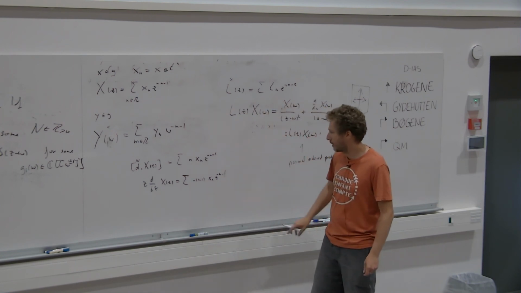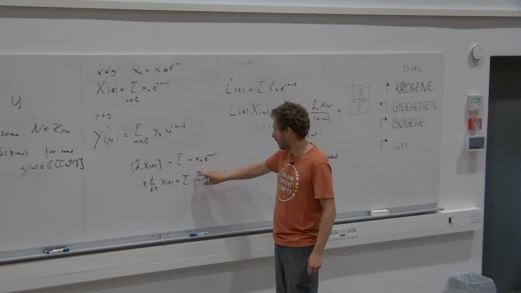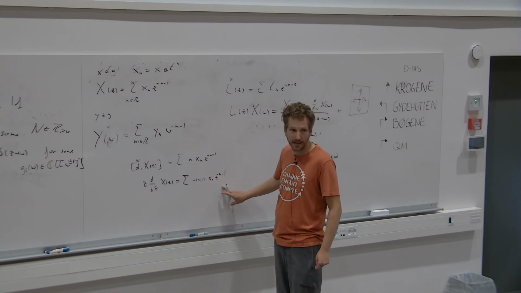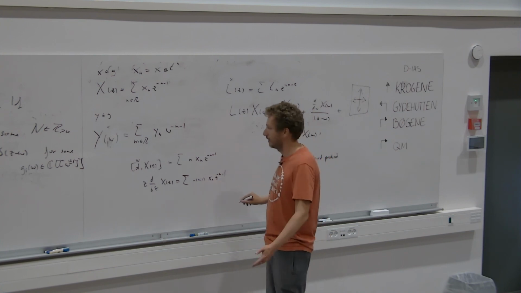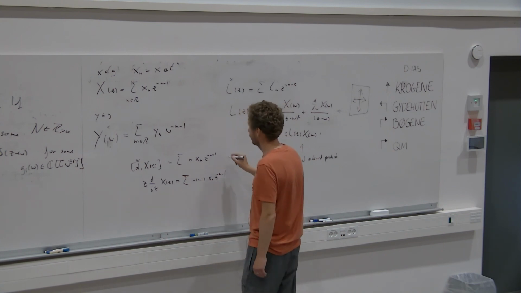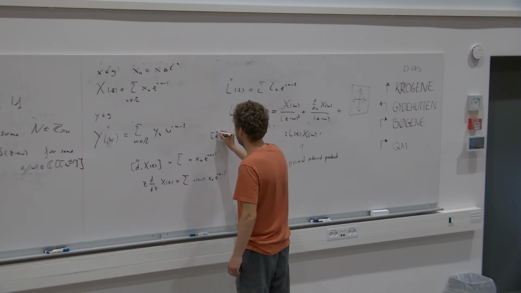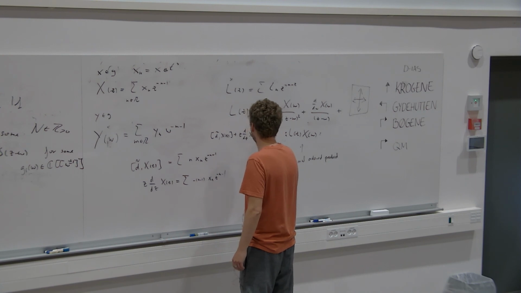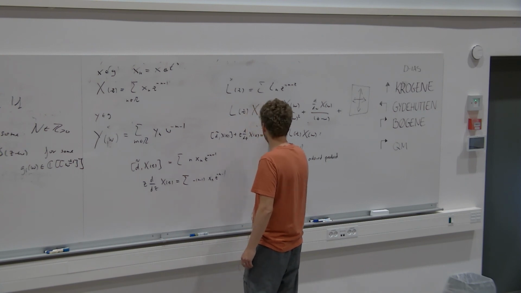And now you can compare them, and you see, the sum of these two just gives us the field x again. So we see the field x satisfies the equation: the commutator with d tilde, plus z times the derivative, just gives us the field x back again.